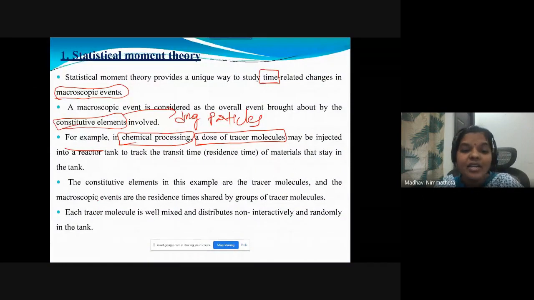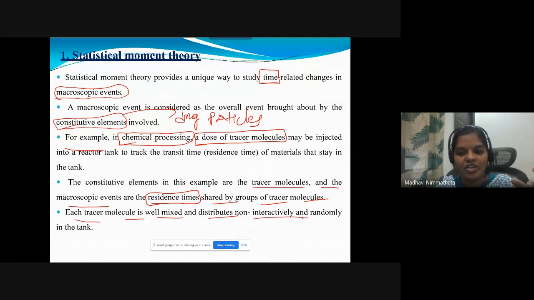See, the constitutive elements in this example are the tracer molecules, and the macroscopic events are the residence times shared by the group of tracer molecules, which we are going to calculate here. Each tracer molecule is well mixed and distributes non-interactively and randomly in the tank.